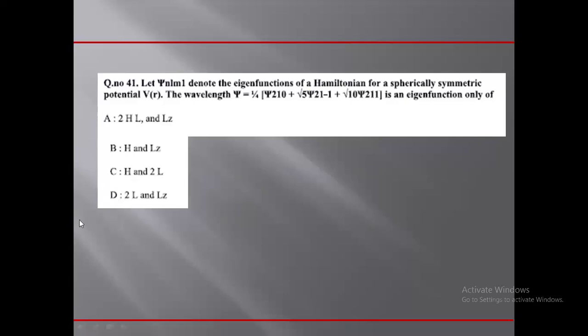The wavefunction psi is equal to 1 upon 4 psi 1,0 plus square root 5 psi 2,1,-1 plus square root 10 psi 2,1,1 is an eigenfunction only of: options A, B, C, D. So here see L, what is L? L is the orbital angular momentum, Z is a direction and H is the Hamiltonian. So option number D is the correct, L squared and L z.